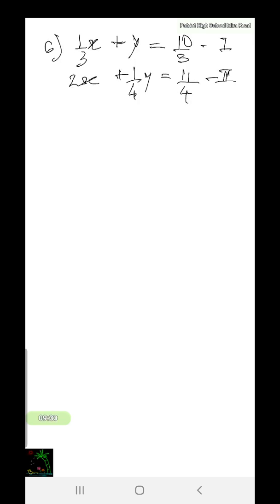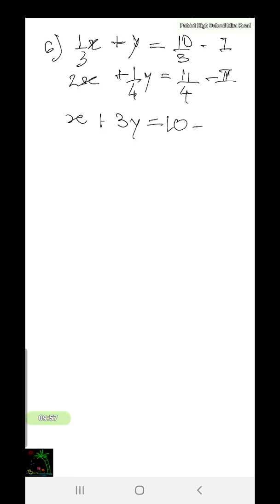Example 6. 1 upon 3 x plus y is equal to 10 upon 3. This is equation 1. 2x plus 1 upon 4y is equal to 11 upon 4. This is equation 2. Multiplying equation 1 by 3 throughout, we have x plus 3y is equal to 10.